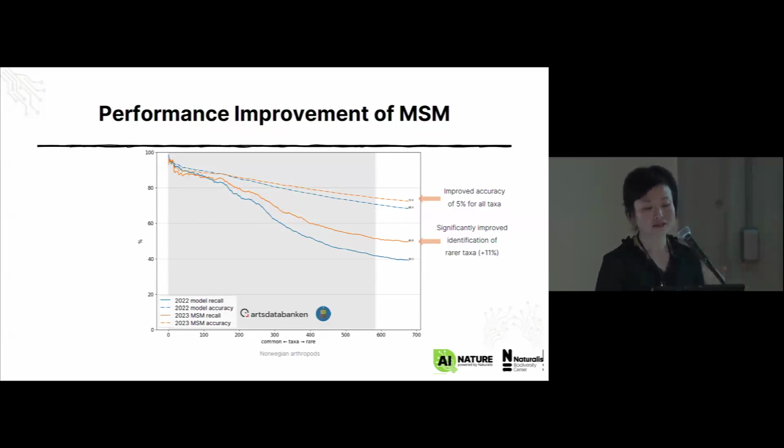And you can see that for the taxa that are rare, the performance decreases because we have much less training data for the model. However, the new model still showed a 5% improvement of the accuracy across all taxa, and for the rare taxa, an 11% higher improvement.